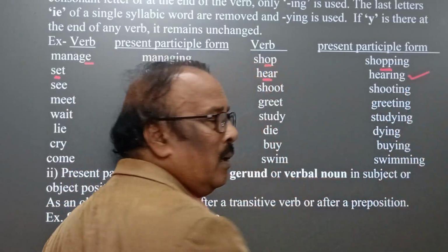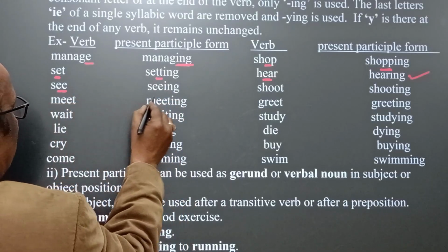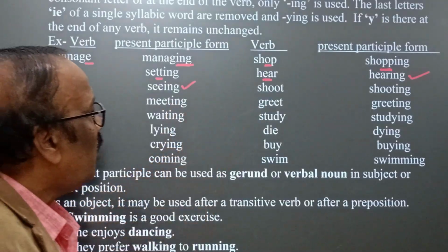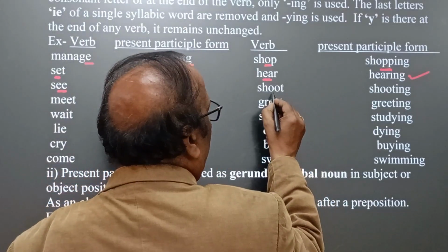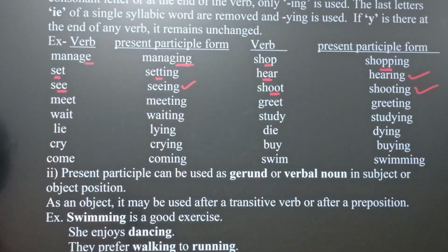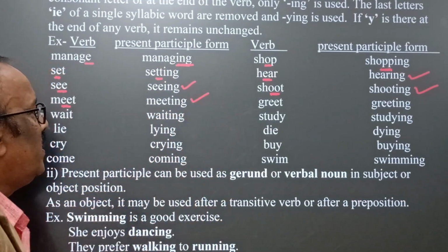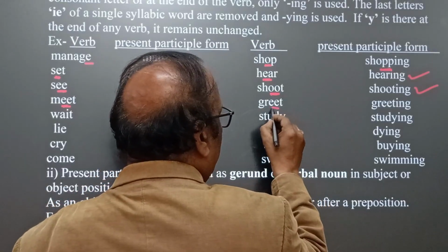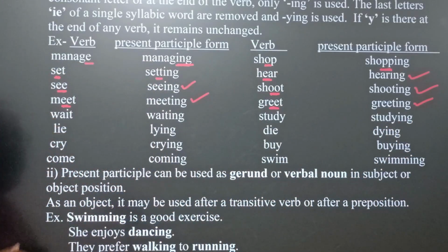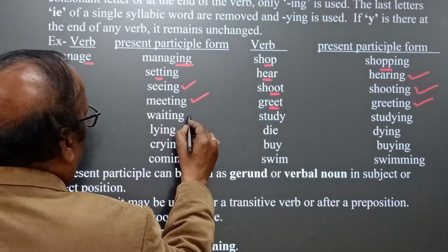Hearing. See, seeing. Whenever two vowels, therefore no change. Next, shoot. Here we have two vowels, therefore no change. Shooting. Meet. Here two vowels, therefore no change. Meeting. Greet. Two vowels, and greeting. Again, wait. Here two vowels, then no change.